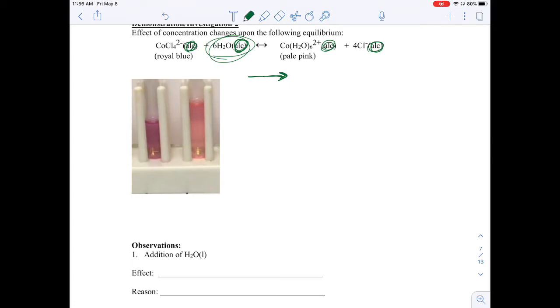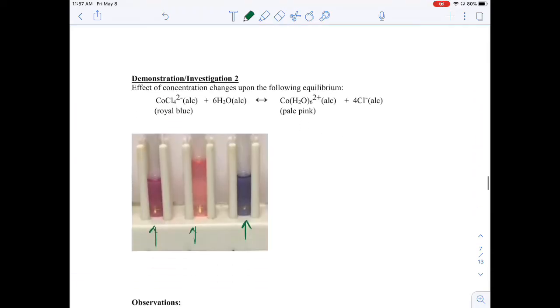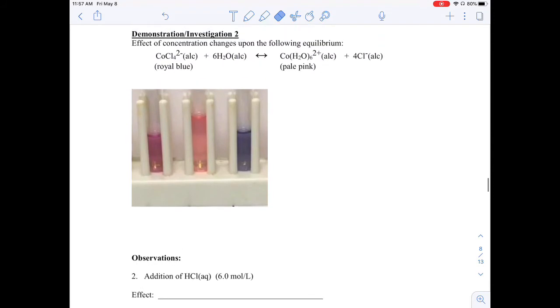Using up the water shifts the equilibrium to the side that's more pale pink, and we can see that this is a paler color because we've used up some of that royal blue color and produced more of the pink color.